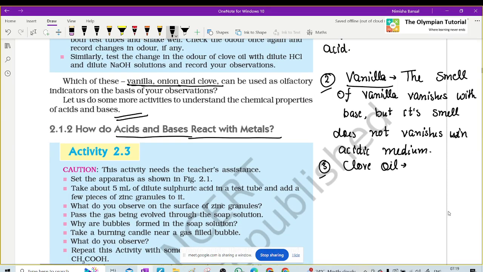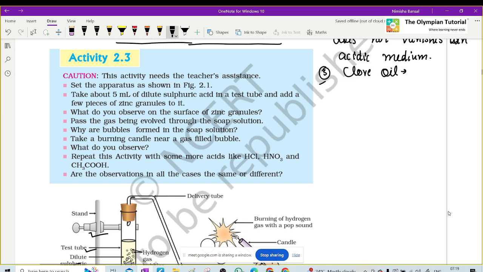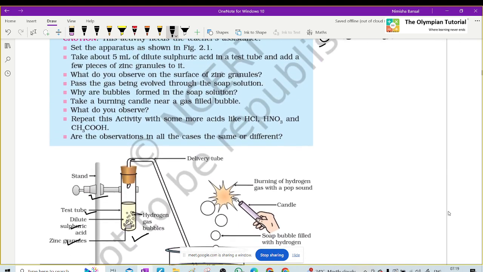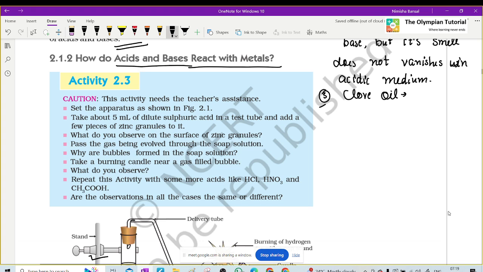No problem, I will let you know. From salts, I'm thorough, like the starting part of this chapter. I wasn't able to follow the classes. No problem. Here, what we will do is the reaction of acids and bases with metals.